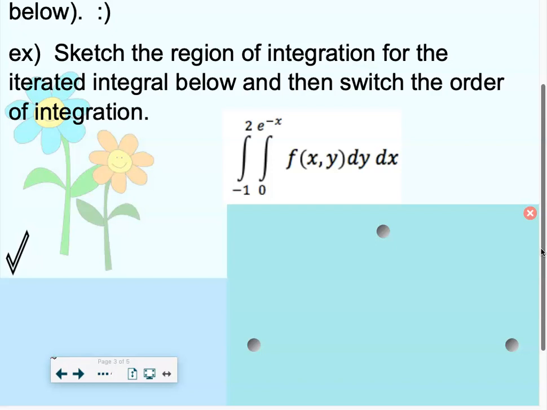I forgot how to graph one of these. Oh, e to the negative x. So e to the x goes like this. E to the negative x goes like that. It's literally e to the x reflected over the y-axis.